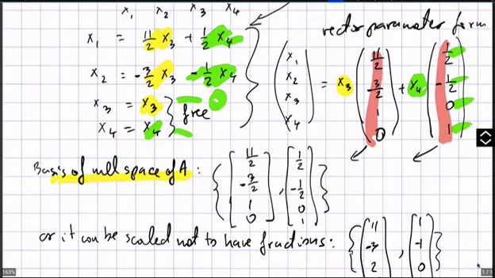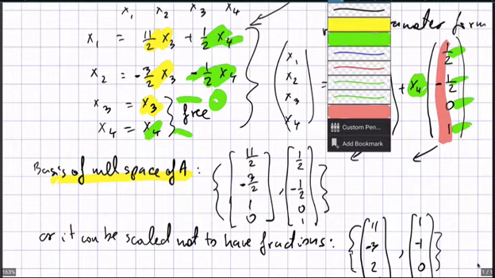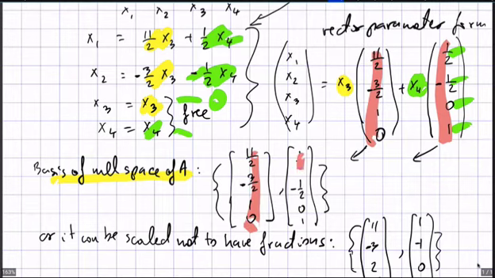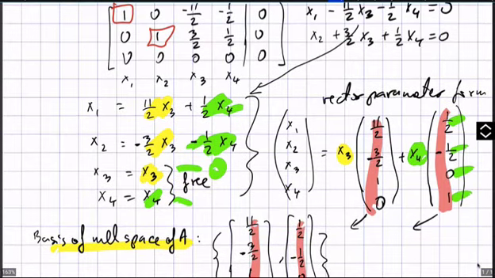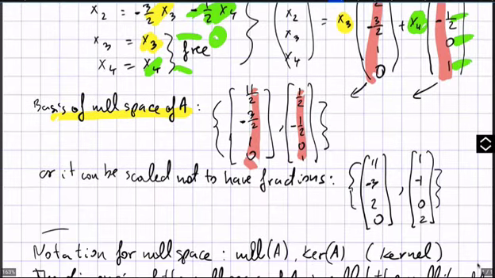So typically these vectors contain fractions because we divide to get ones in the leading pivots. In order to avoid these fractions, it's possible to scale them.